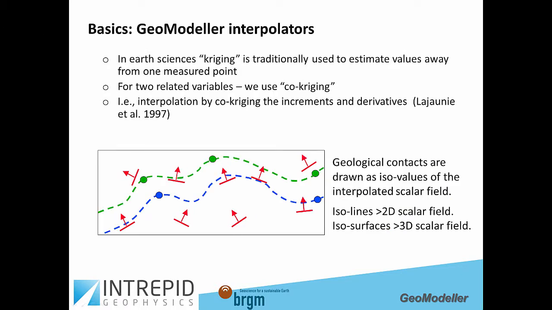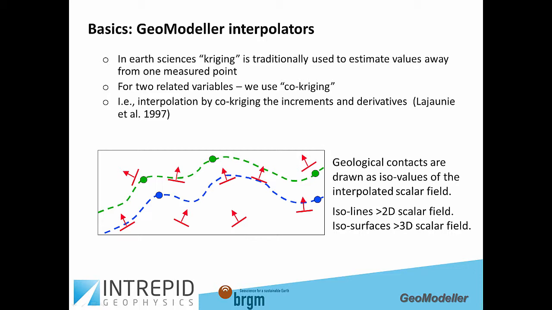These are, and looking at a map view here, where green sandstone meets blue sandstone, we've got points of observation on the boundaries. The points of observation for the boundary can be combined with the dip or the gradient of that field. And these, as we know, structural geologists collect them in the field all the time. It's a dip and dip direction, otherwise known as an azimuth, and a dip from horizontal.